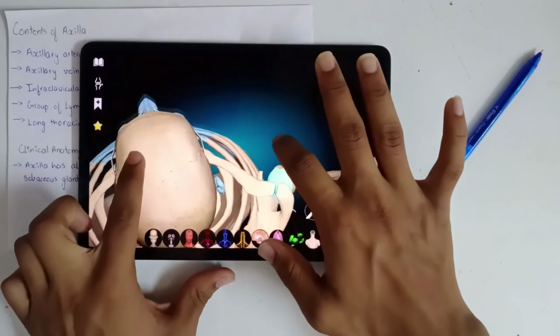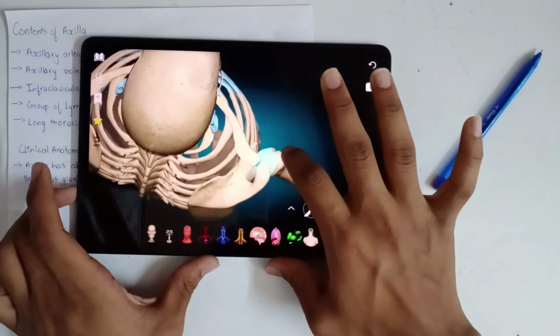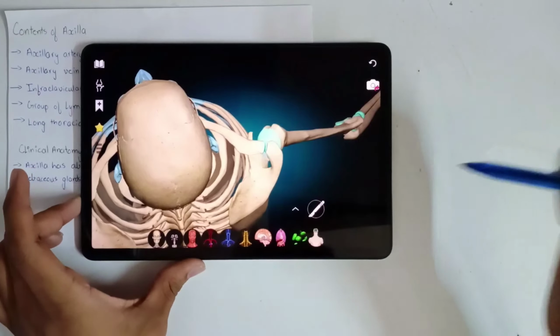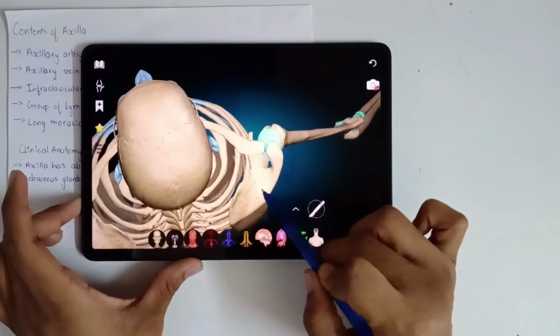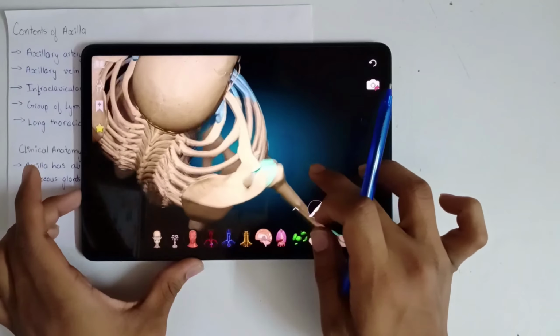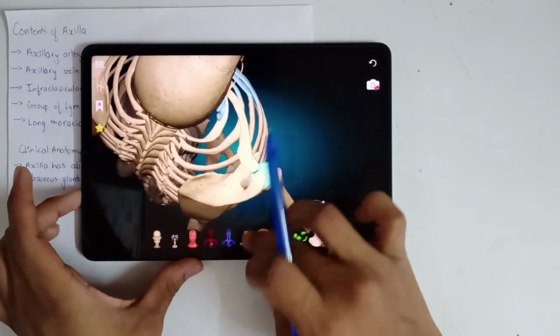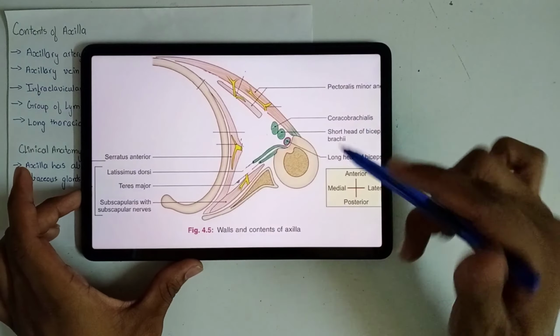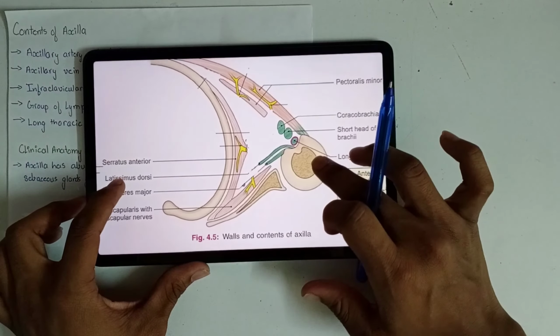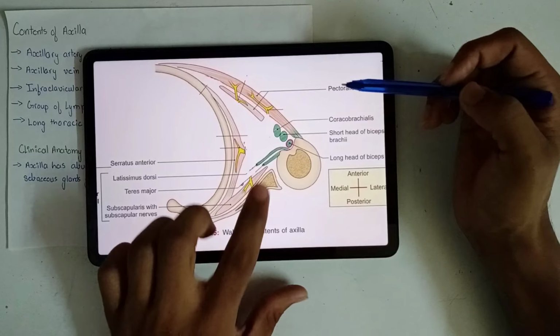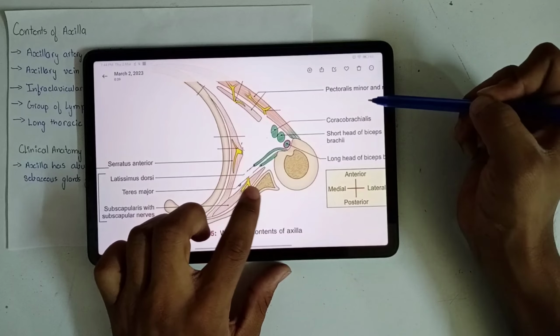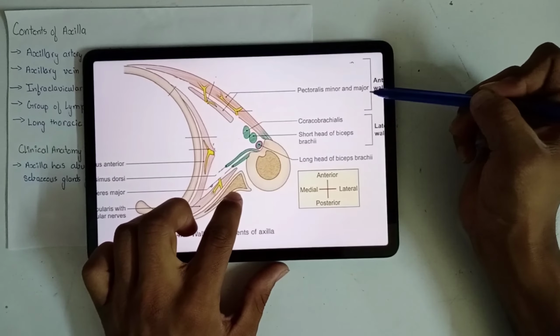This is the view from the top. This is our humerus, scapula, and here is the first rib. Same we have taken here, humerus, scapula, first rib. As said earlier, the anterior wall is formed by pectoralis minor and major.